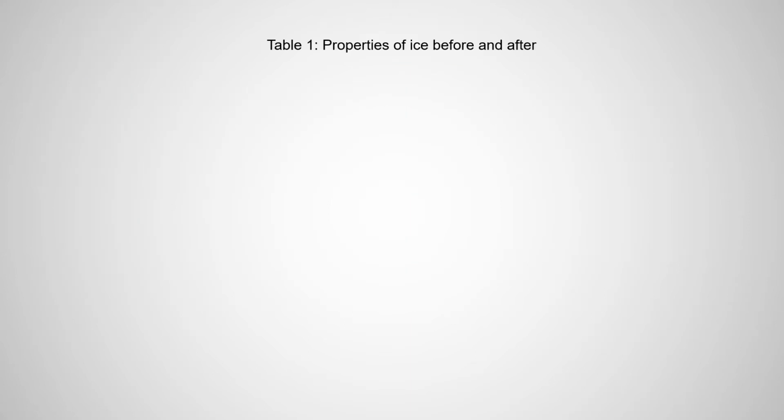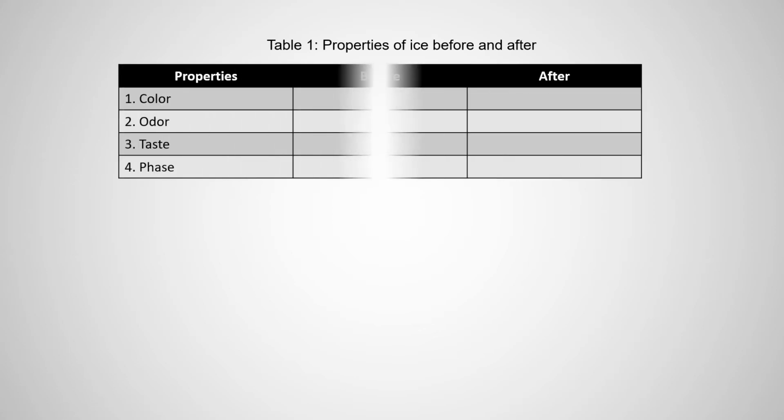This is table 1, the properties of ice before and after. Properties. First column, which are the following: color, odor, taste, and phase. In the second column, you have to enter your observation on before and after.